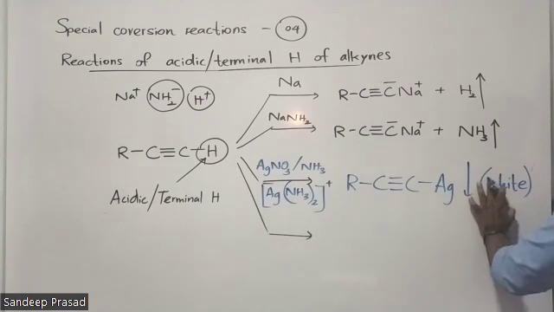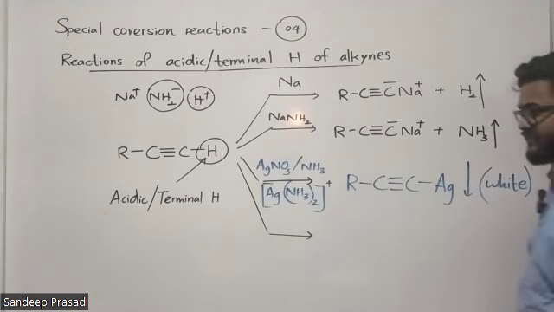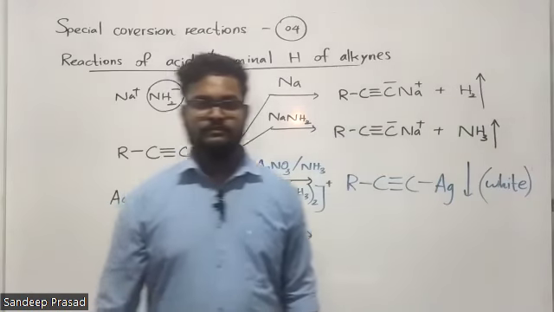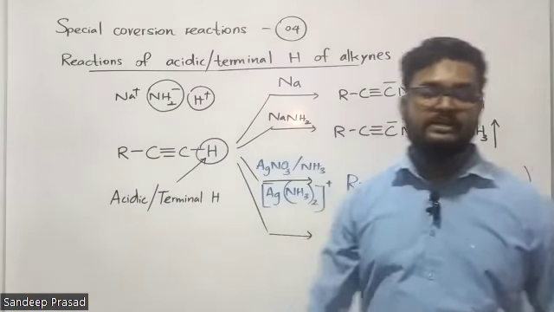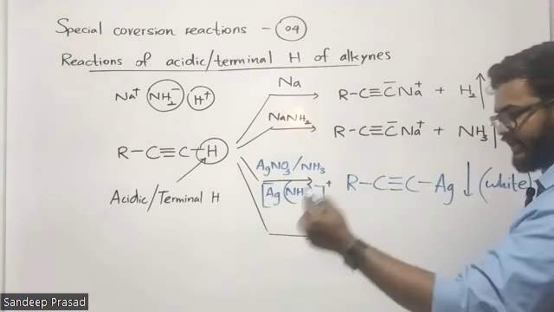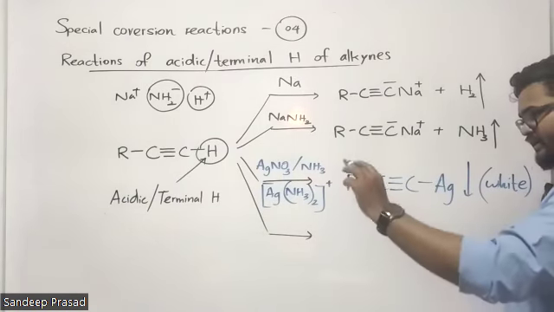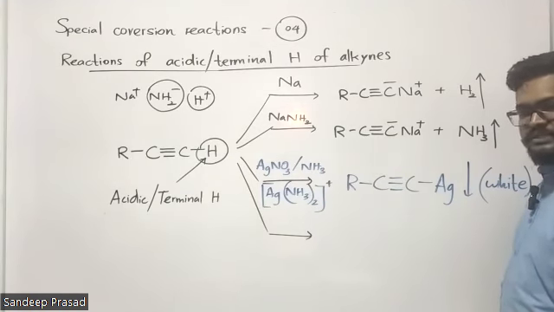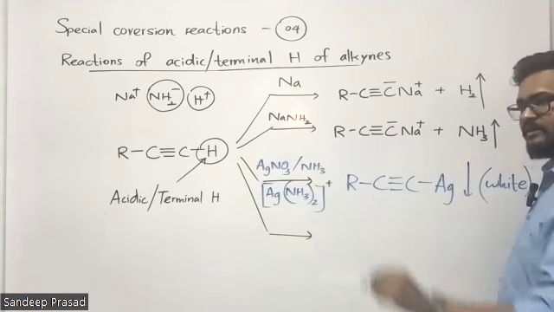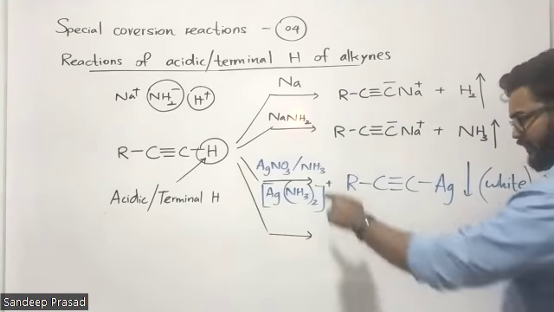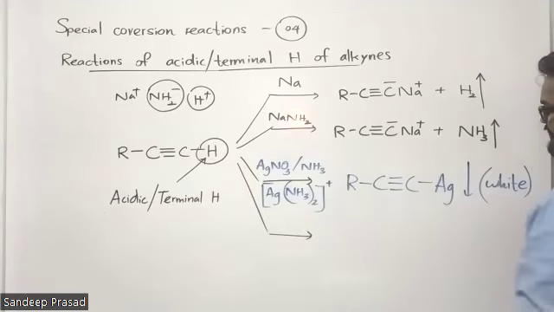In the presence of Tollens reagent, aldehydes are giving what? A silver mirror. That is very famous. Silver mirror test. So we can differentiate aldehydes and ketones. We can separate aldehydes from the other compounds using the silver mirror test, because only aldehydes are giving a silver mirror in the presence of this diamine silver complex, Tollens reagent.